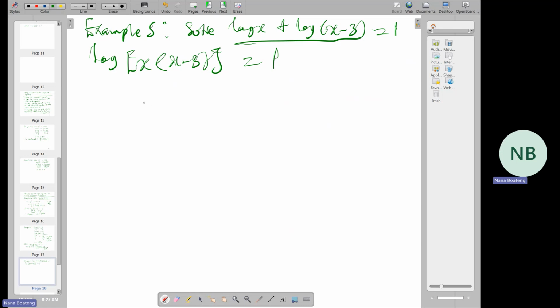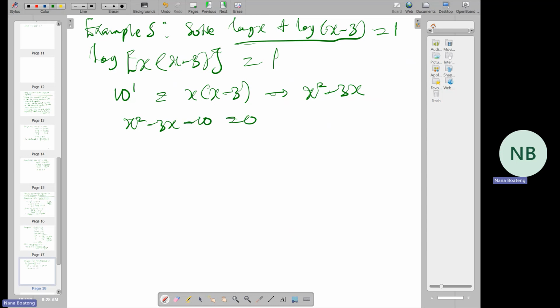So using the properties of logarithms, we can write this as 10 power 1 is equal to x times x minus 3. And this x times x minus 3, we can expand as x squared minus 3x. So you see we have x squared minus 3x minus 10 is equal to 0.